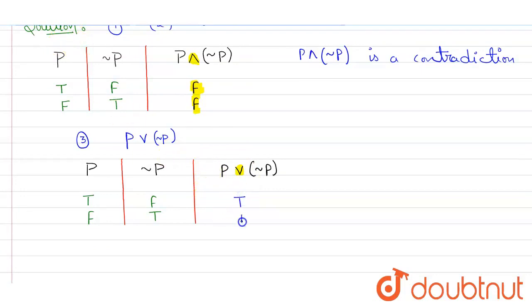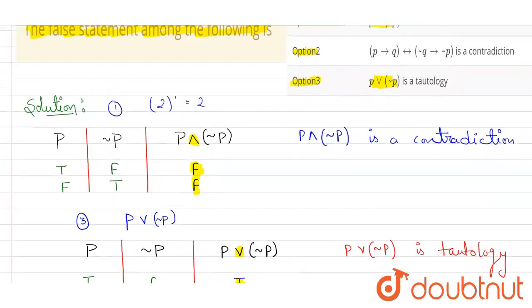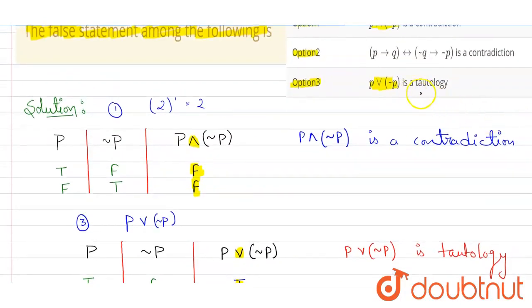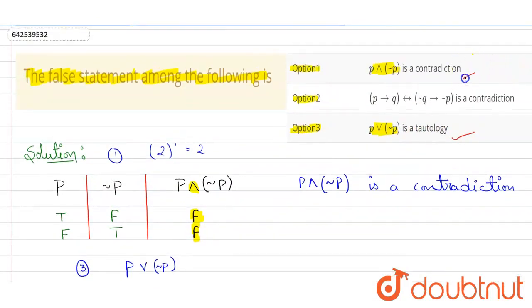So true, and yes, that is also true. So we can see that both the outputs are true. So we can state that option 3, that is P or negation of P, is a tautology. Okay, it is also true. So option 3 is true, and option 1 is also true.